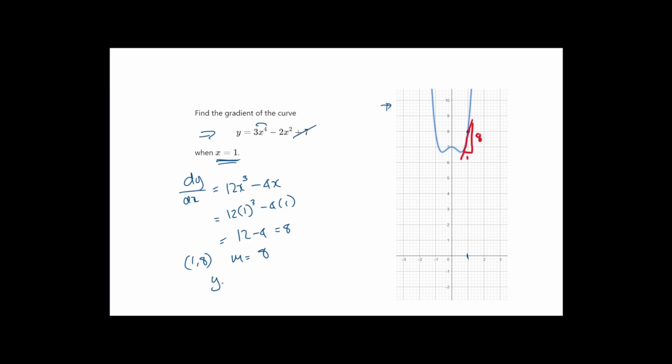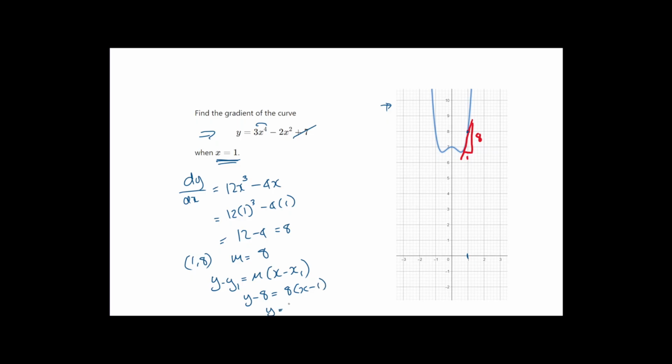So if we have y minus y1 equals m(x minus x1), it's going to be y minus 8 equals 8(x minus 1).